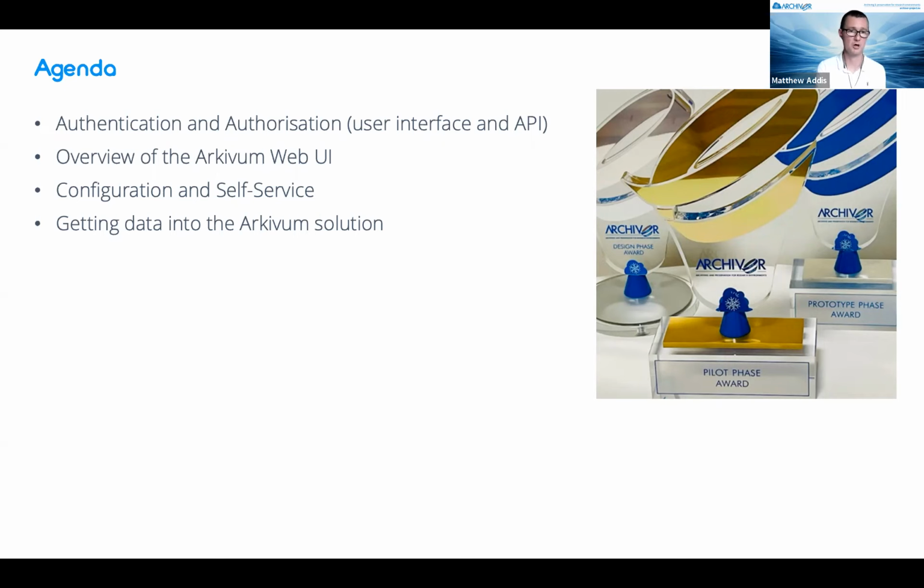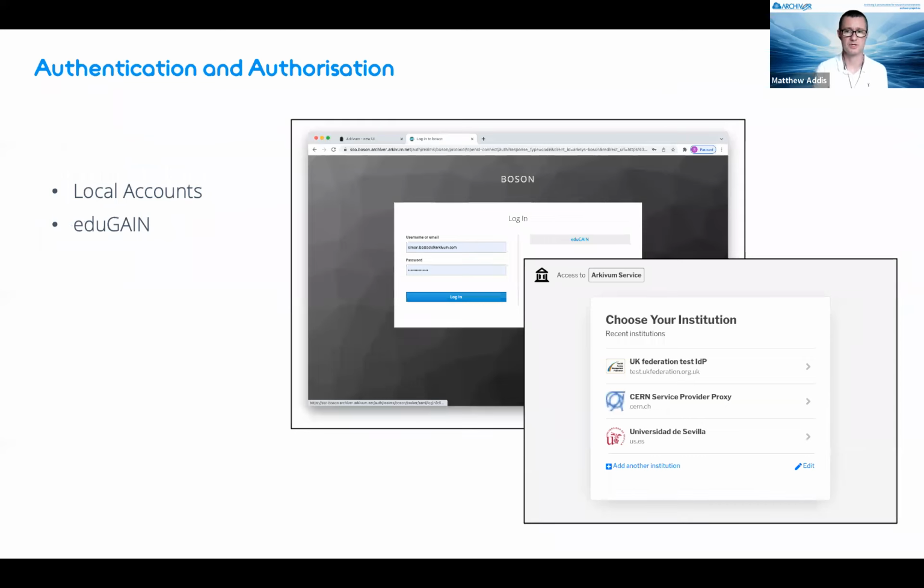I'll provide an overview of the ARKIVUM web user interface, what we call the dashboard that we provide. I'll talk a bit about how the solution is configured, and then I'll show how data can actually be ingested.